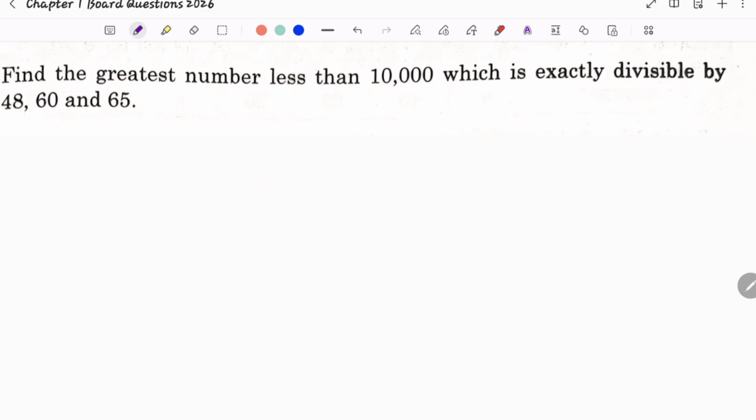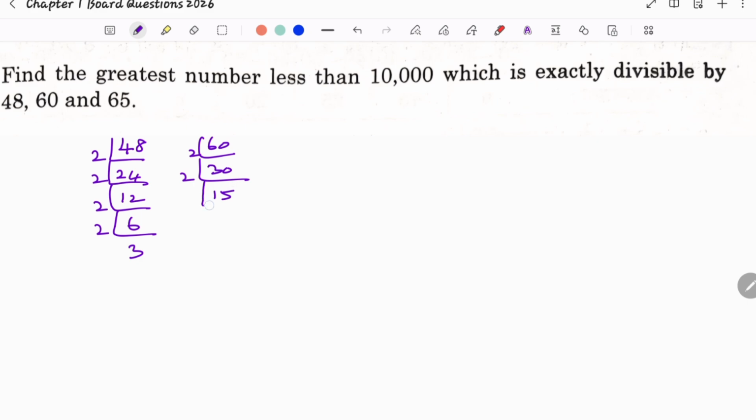So first find the LCM of the given three numbers. First number is 48. Find the prime factors of 48. 48 divided by 2 is 24, again 2 twelves, again 2 sixes, again 2 threes. Next number is 60, divided by 2 is 30, divided by 2 is 15, divided by 3 is 5.